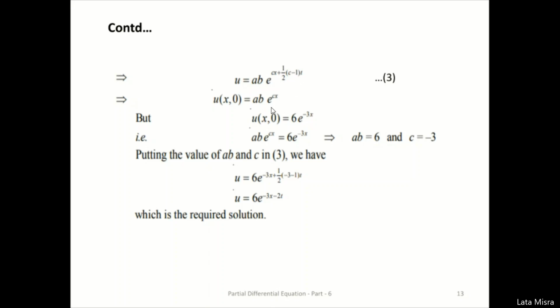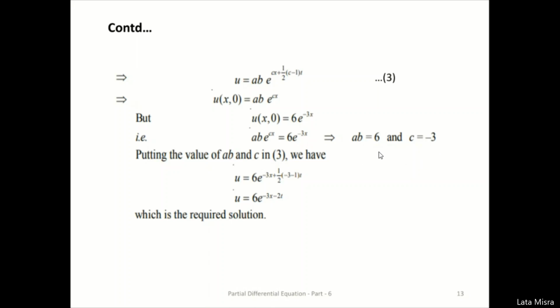It is also given that u(x,0) is equal to 6 e raised to minus 3x. We just compare both the terms, we get ab e raised to cx equals 6 e raised to minus 3x. So when we compare both the terms, we find ab is equal to 6 and c is equal to minus 3.